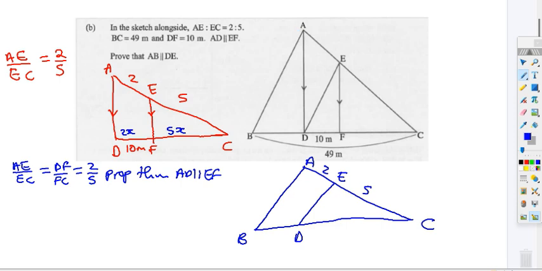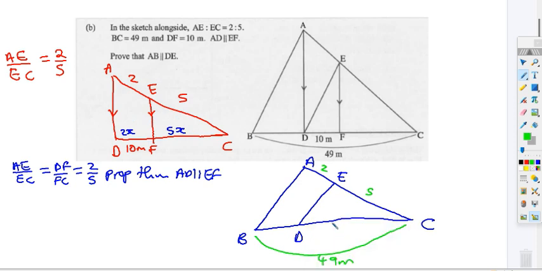Let me write it using a different color so that we can see it clearly. This is 2 to 5. But we do not have the ratio for BD to DC there. We can make use of this triangle here, because we are already told that this whole side is 49 meters.